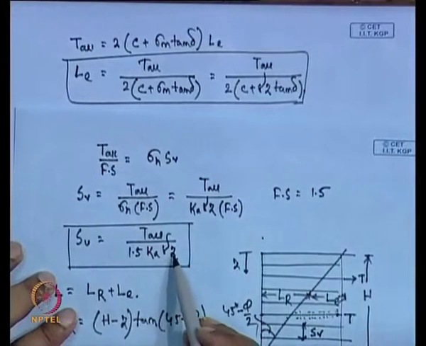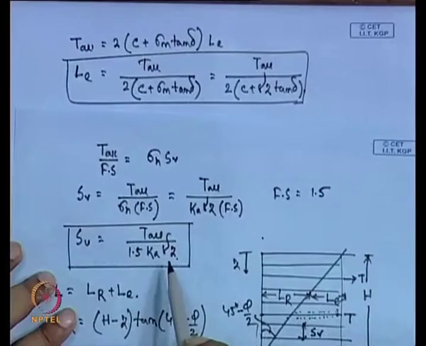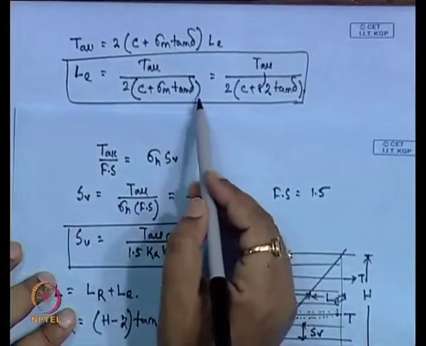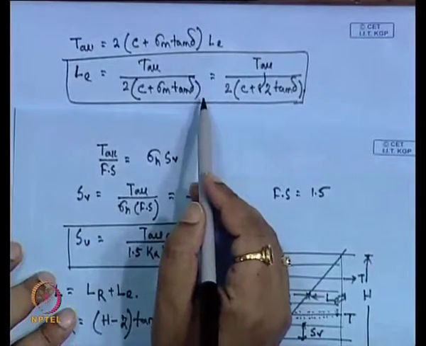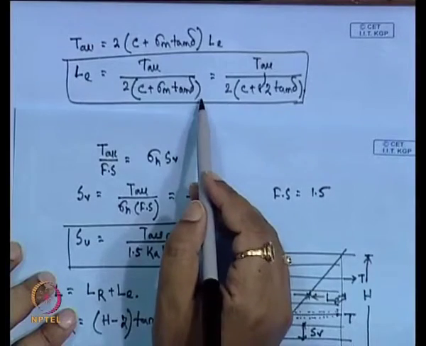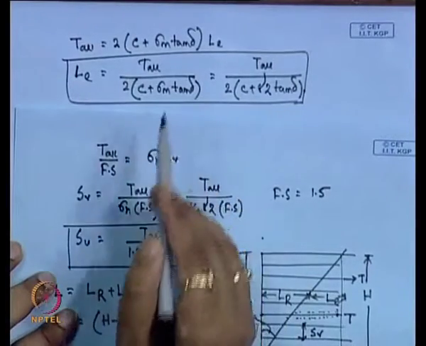Here we can see that at the bottom of the reinforced wall the required spacing is more, and L e at the top of the reinforced wall, the required length of the reinforcement is more.